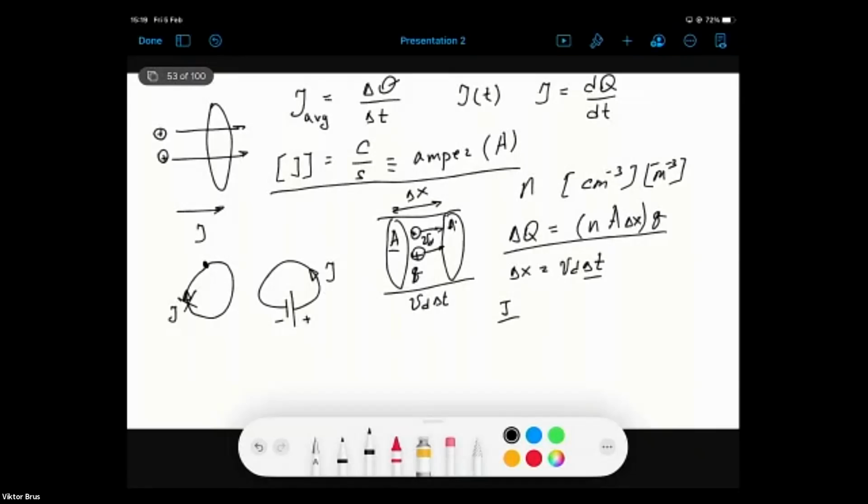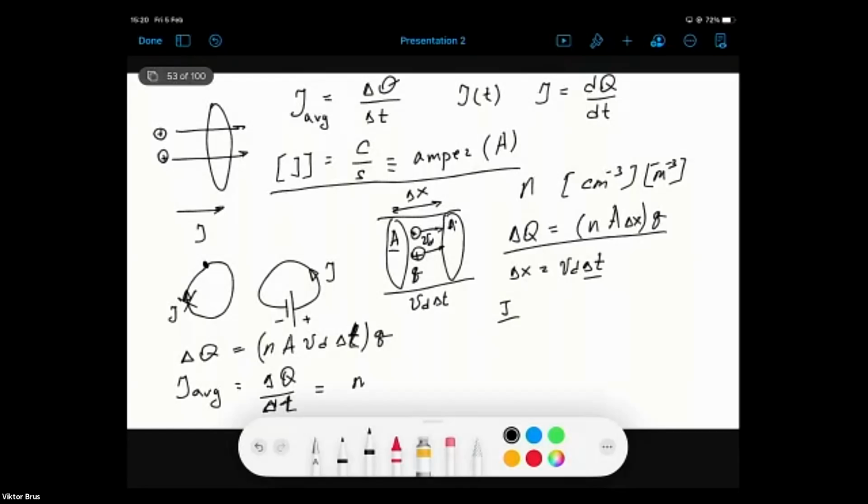So we can write here that our electric charge will be N times A times vd times delta t times q. And our average current, in this case, will be delta Q over delta t.